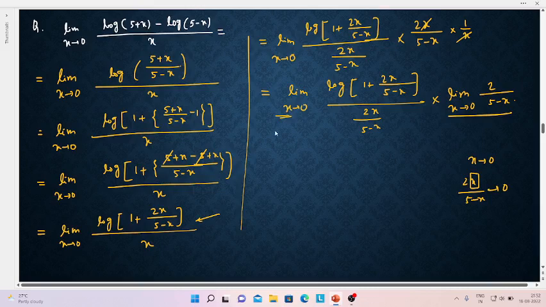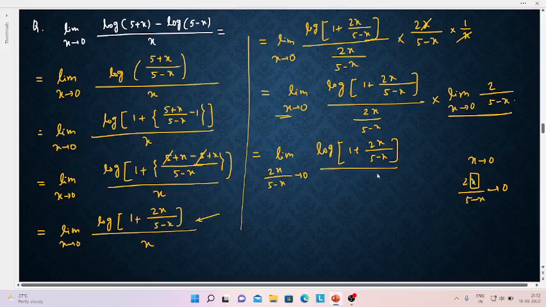So as x tends to 0, we can write that part as limit of 2x upon 5 minus x tending to 0. We will have log of 1 plus 2x upon 5 minus x over 2x upon 5 minus x, and on the right side we have limit x tending to 0 of 2 upon 5 minus x, which is nothing but 2 by 5 minus 0, right?